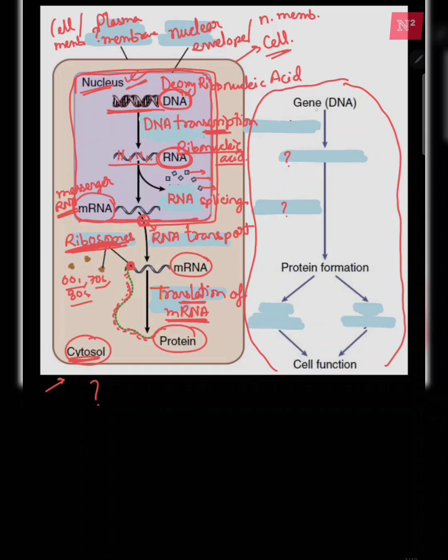From the nucleus, the genes containing the DNA, deoxyribonucleic acid, with the help of the transcription pathway, form RNA. Now this RNA goes through a process in the cytosol called translation, and it forms the protein.